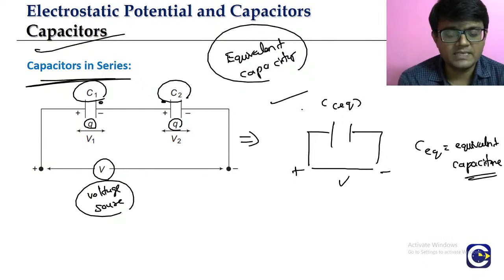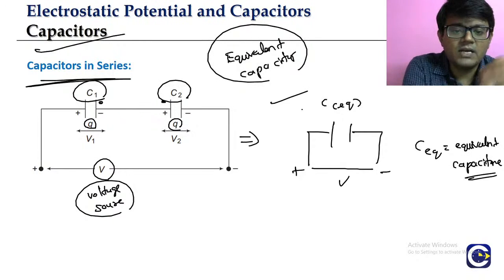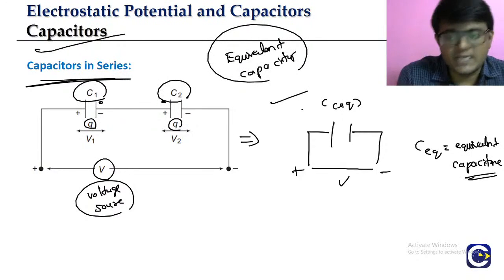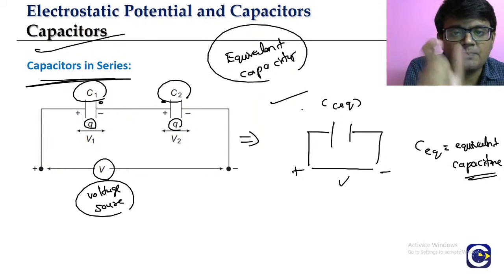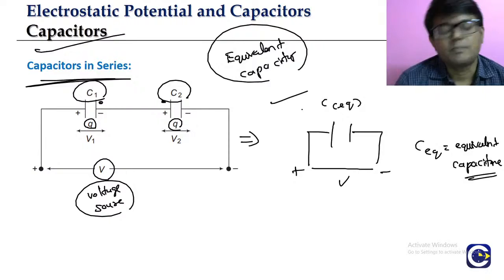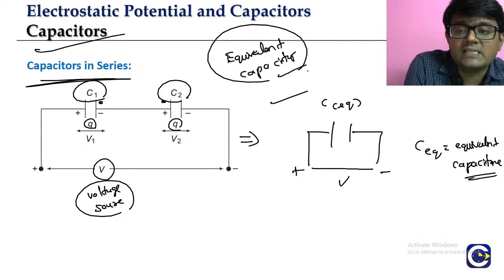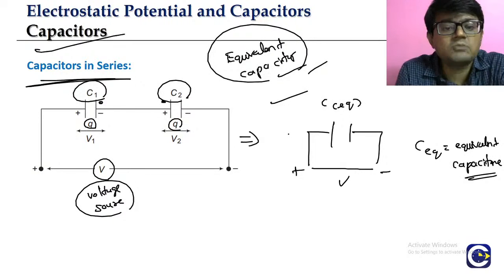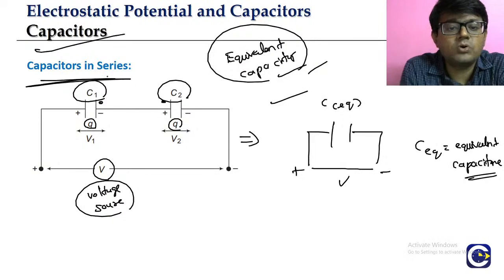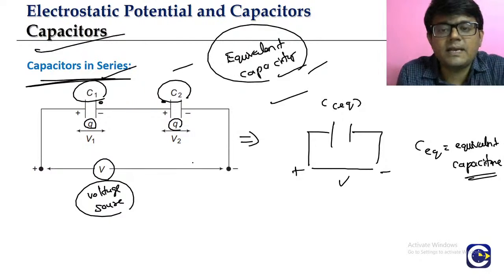We have two capacitors, and if we replace the two with one capacitor, that capacitor's capacitance value is called the equivalent capacitance. This equivalent capacitor should do the same job as both these capacitors.